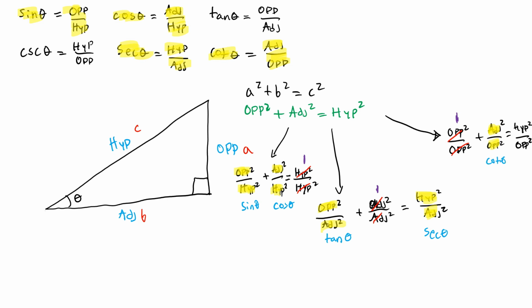And then hypotenuse over opposite, that corresponds to cosecant of theta, right? By the way, we already used tangent of theta. We did use all 6 trig functions here.